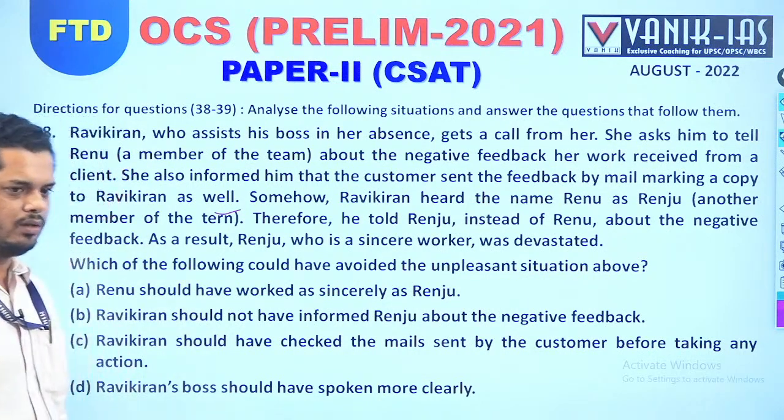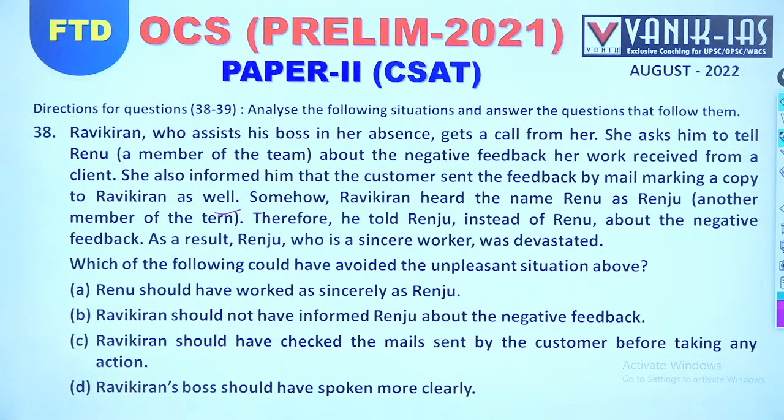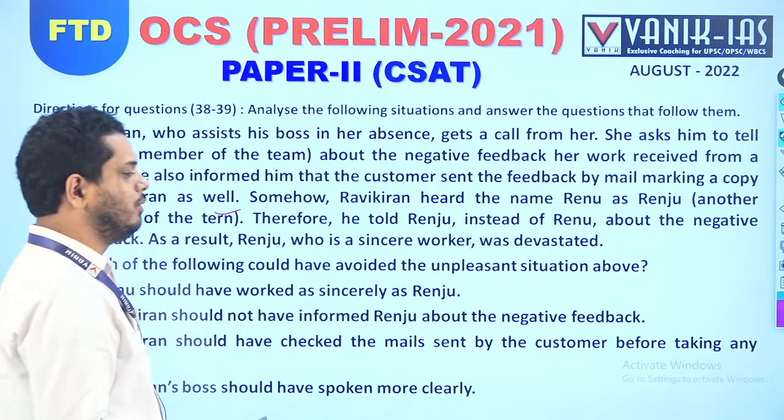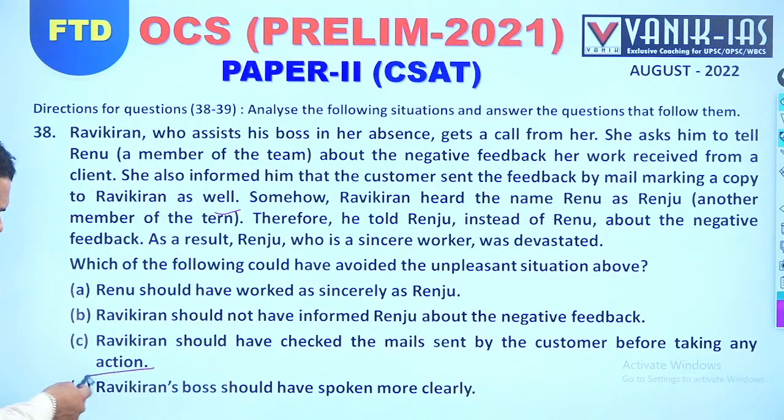We don't have any idea, and the exact solution is not to compare the task with Renu, because here it is a clear-cut misunderstanding to read the names, to read the intention of the mail. Ravi Kiran should not have informed Renju about the negative feedback. That may be, that does not matter, but everything is given after the misunderstanding. So, Ravi Kiran should have checked the mail sent by the customer before taking any action. Here it is the answer.